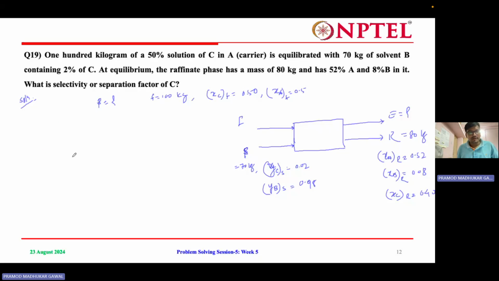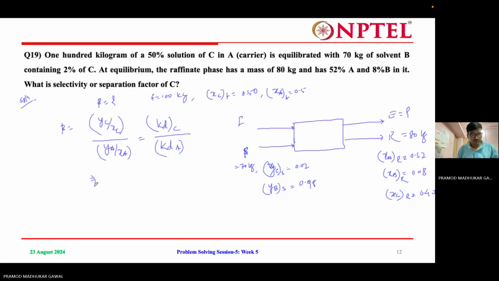And this separation factor we calculate using these relations, like distribution coefficient of the solute divided by distribution coefficient of the carrier. So YC by XC, YA divided by XA, right? So this is the distribution coefficient of solute divided by distribution coefficient of the carrier.